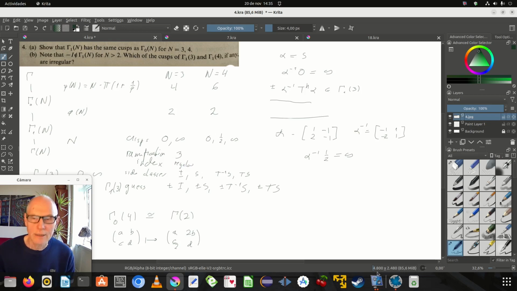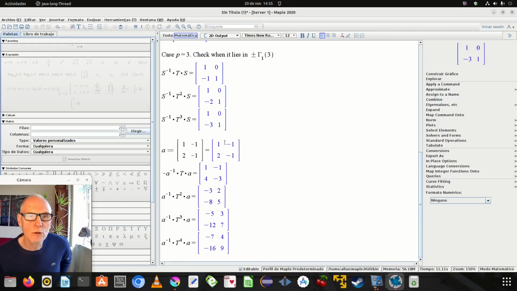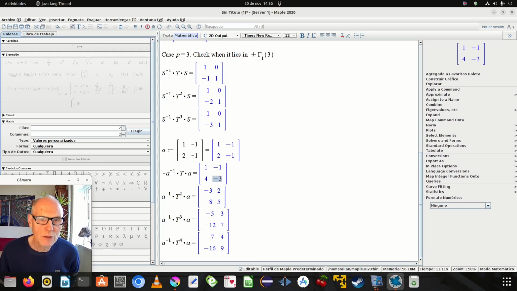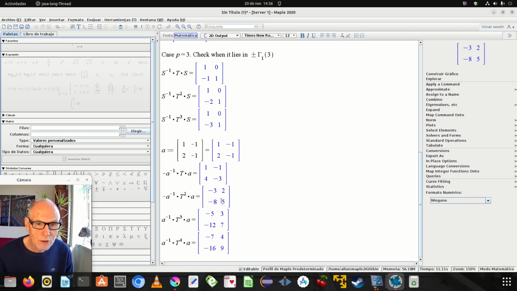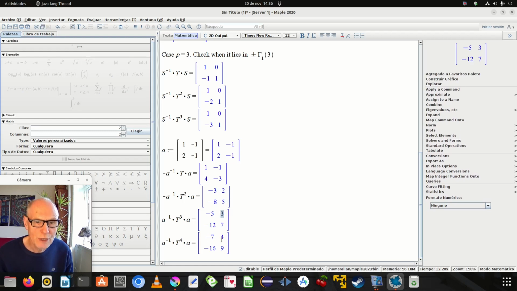All right. Now let's look at n equals 4. There we have our alpha, which I called A, and then we do the same. Yeah, it's actually equivalent to unity, but we have -1 here. Oops. This is equivalent to unity as well, but we have 2, 3, and down here we actually get 1 lying in gamma 1 of level 4.